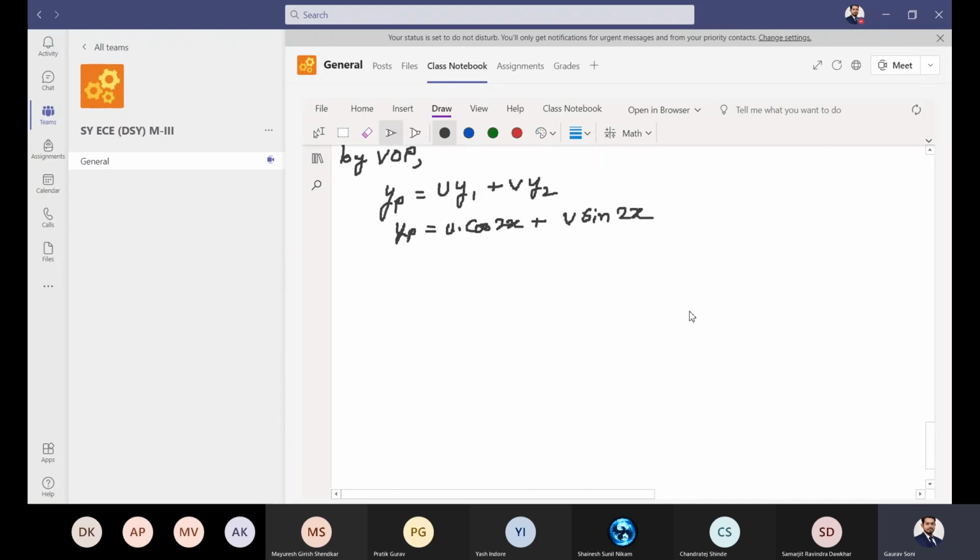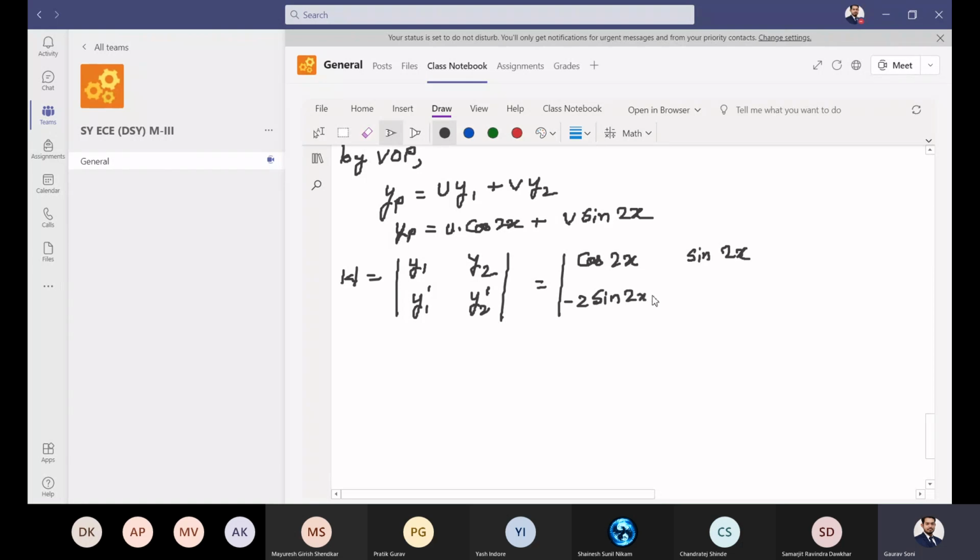For u and v we have the formula, but in that formula we need w. What is w? W is equal to the determinant y1, y2, y1 dash, y2 dash. What is this actually equal to? Cos 2x, sin 2x; the derivative of cos 2x is minus 2 sin 2x, and the derivative of sin 2x is plus 2 cos 2x. How do we take the determinant?